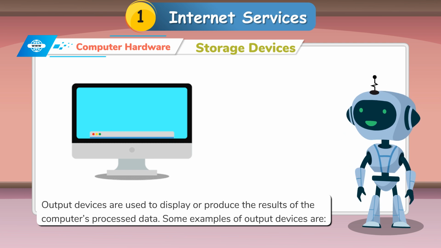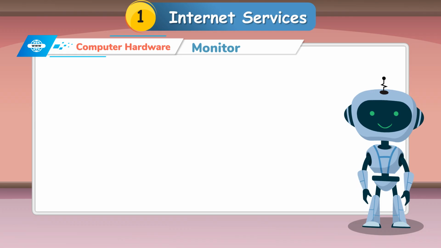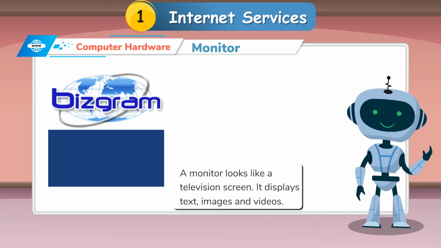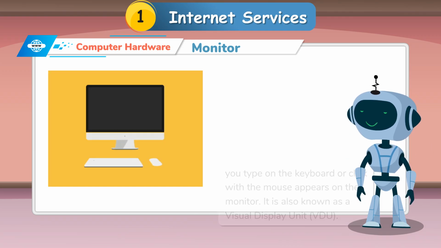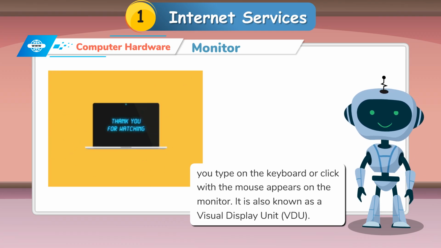Some examples of output devices are monitor. A monitor looks like a television screen. It displays text, images, and videos. Everything you type on the keyboard or click with the mouse appears on the monitor. It is also known as a visual display unit, VDU.